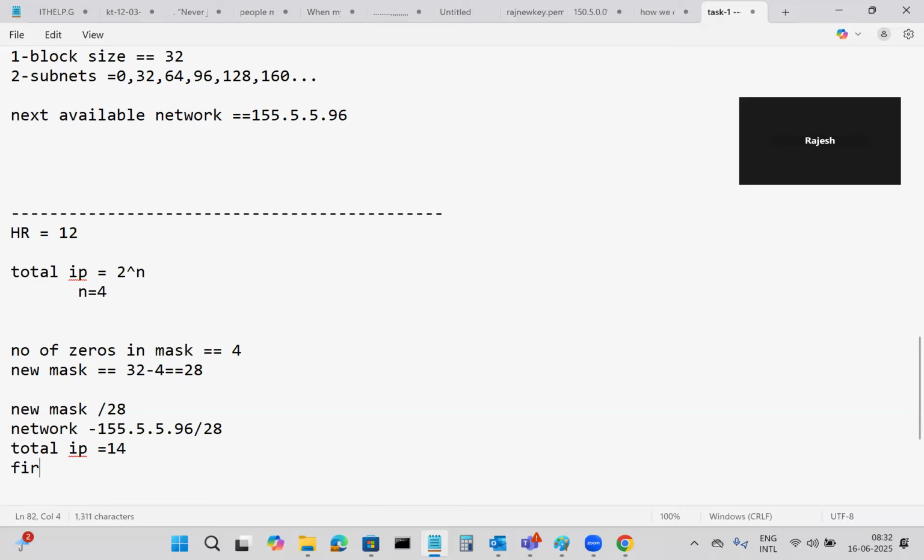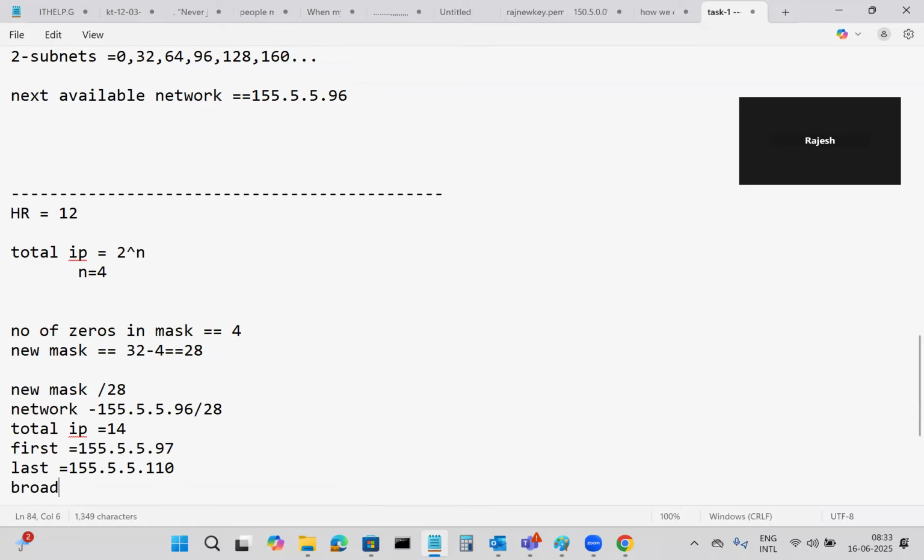First IP will be what? First IP will be the network plus one, so 155.55.97. Last IP will be the network plus total IP, so 96 plus 14, which is 110.